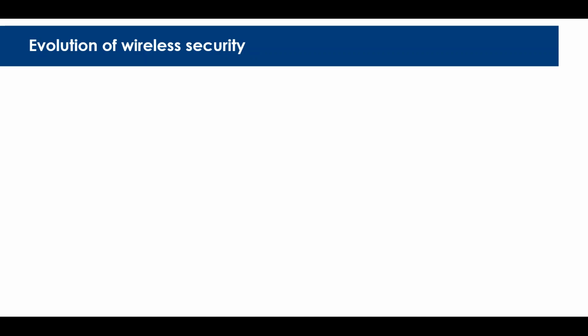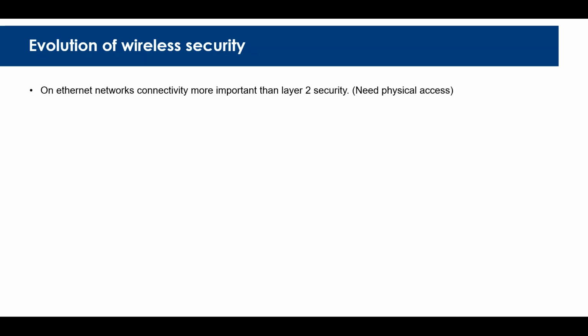Let's see the evolution of wireless security. On an Ethernet network, connectivity was more important than layer 2 security. One of the reasons for that was that if a malicious user wanted to access the network, he needed to get physical access to the network.